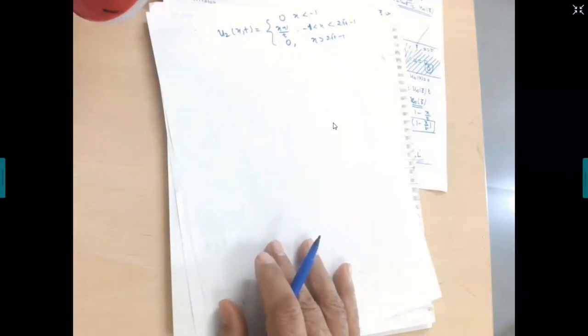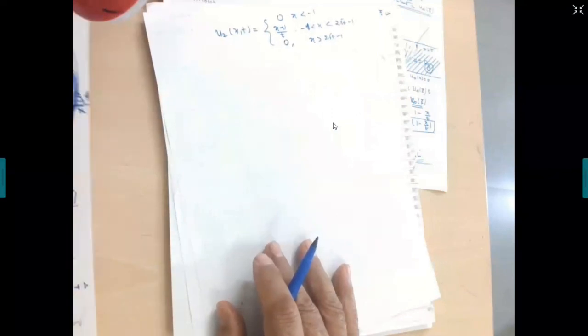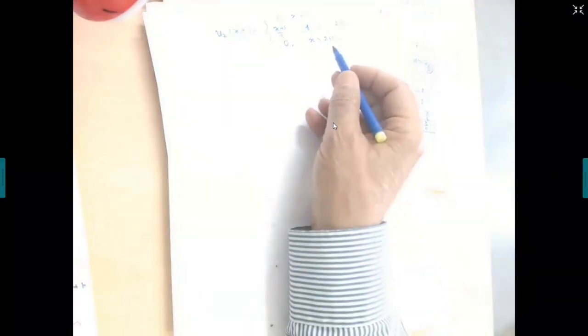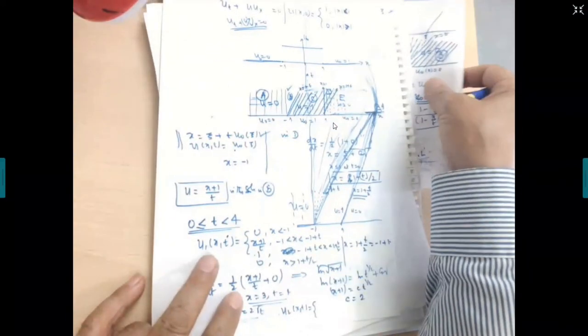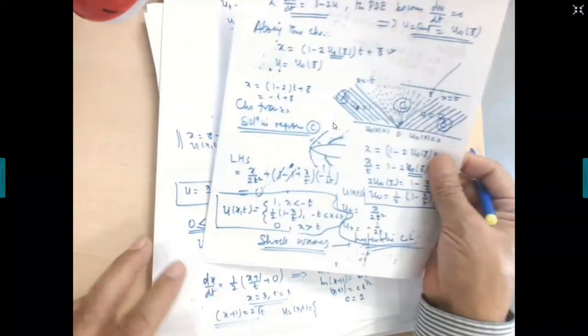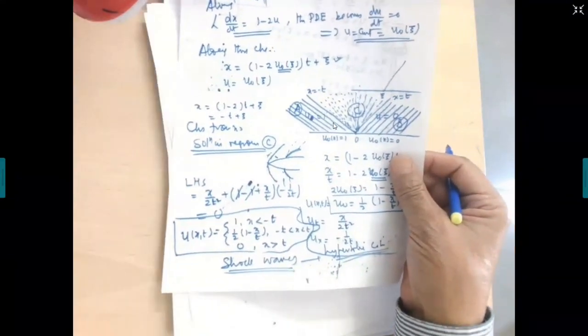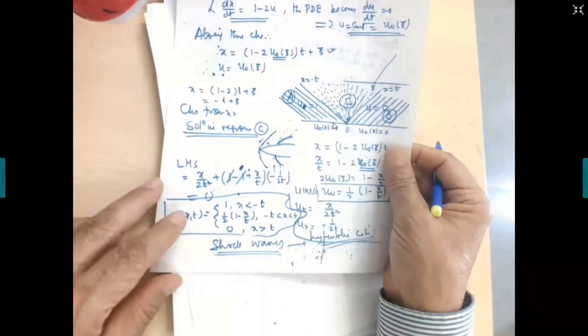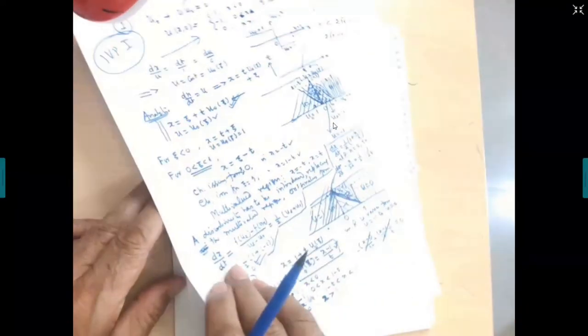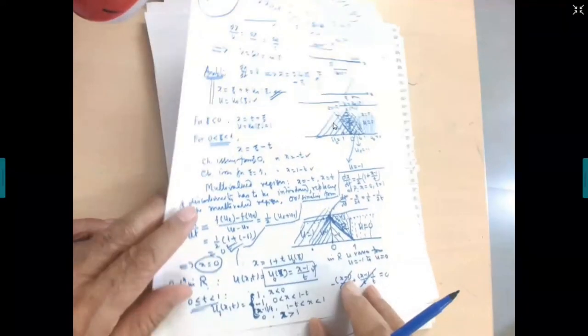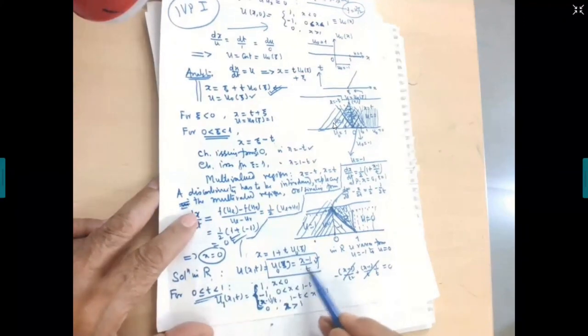How does it change during the course of propagation from u1, u2, etc.? As we have seen in the examples done earlier, you can draw the profile in the ux plane also. This profile undergoes distortion, so how does it look?